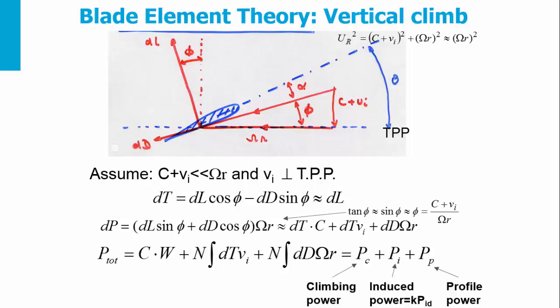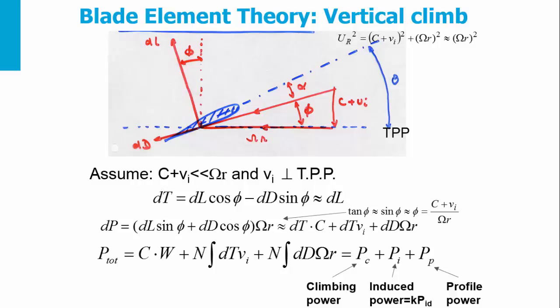The power then is the power needed to counteract the drag forces, the drag force multiplied by omega r. So it is a climbing power plus an induced power plus a profile drag power.